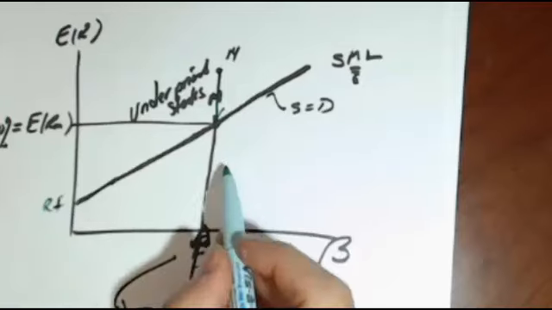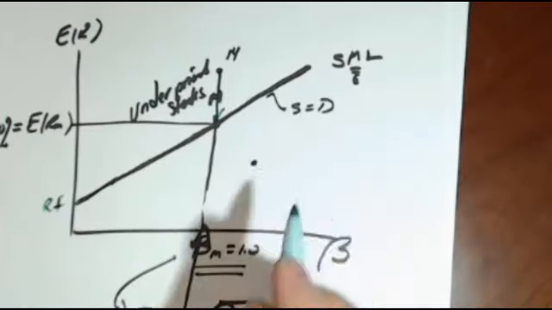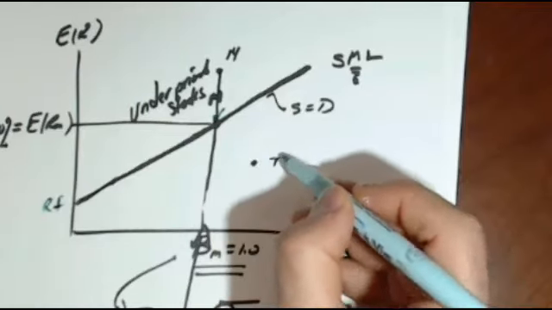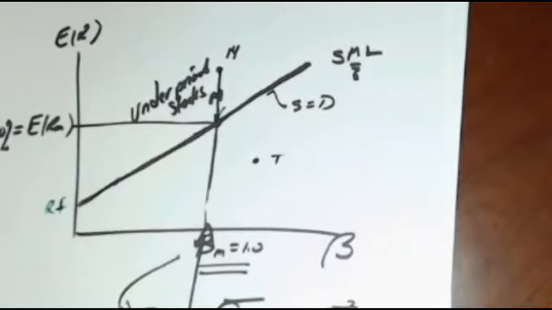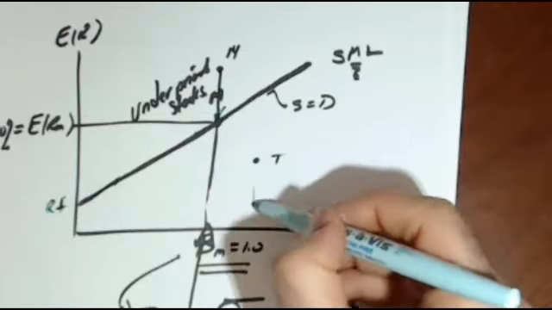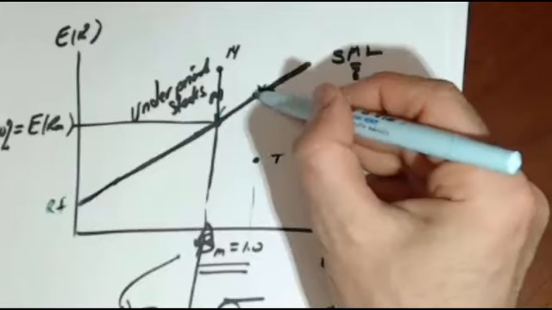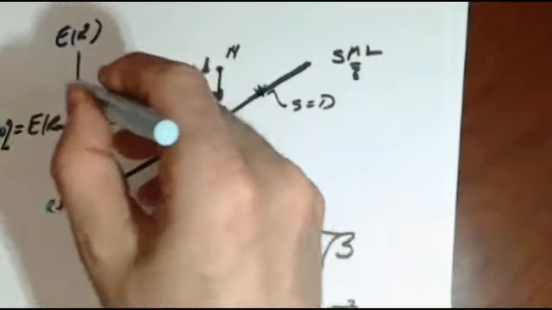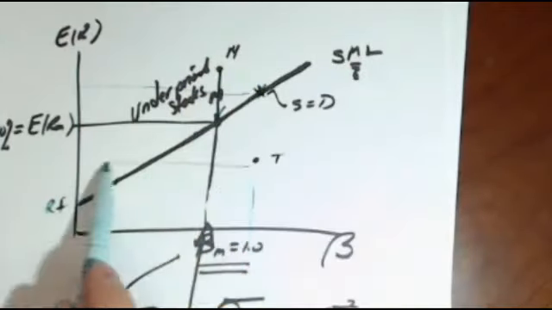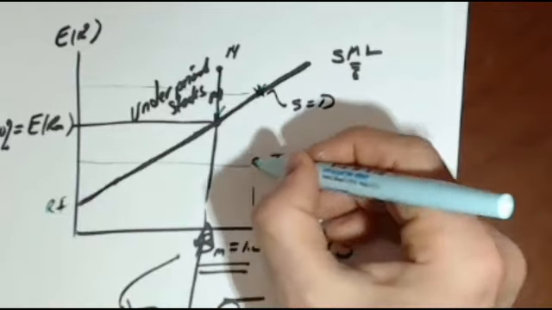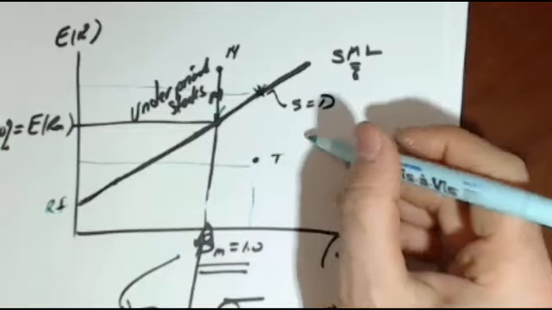And if we look at another stock, maybe it's a point here, say this is stock T. Given its level of systemic risk, that stock should be earning this amount of return up here, but it's only earning this amount of return. So this stock is overvalued because it has a low expected return.